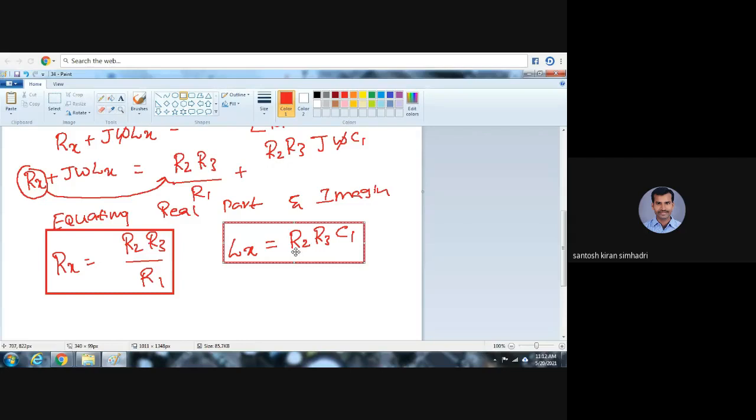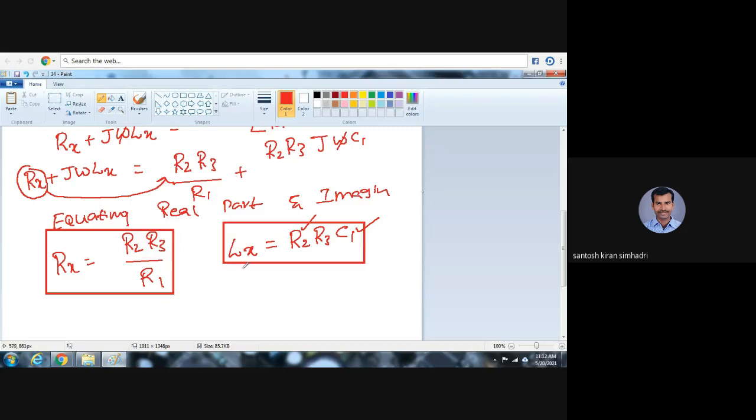Finally, what I am telling is that this Wheatstone and Maxwell's bridge is used to measure an unknown inductance in terms of a known capacitance. This is the theory part. This is the known capacitance. This is the known resistance.